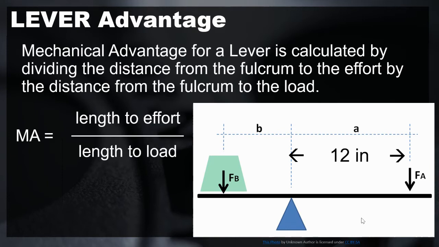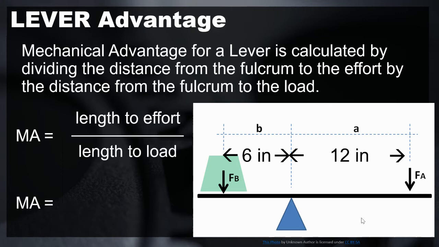We can see in this sample that the distance from the fulcrum to the force that's applied to the effort side of the lever is 12 inches. We can also see that the distance from the load to the fulcrum is 6 inches. We can apply these variables to our equation by replacing length to effort and length to load.